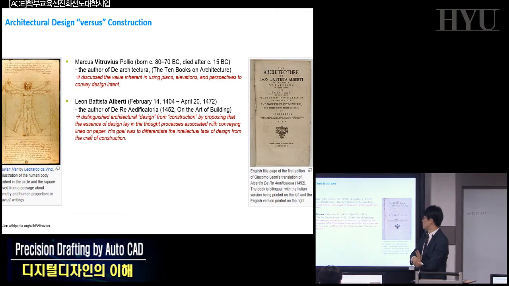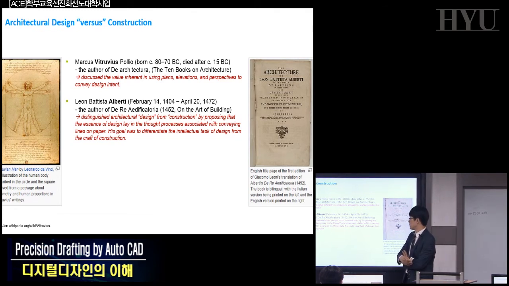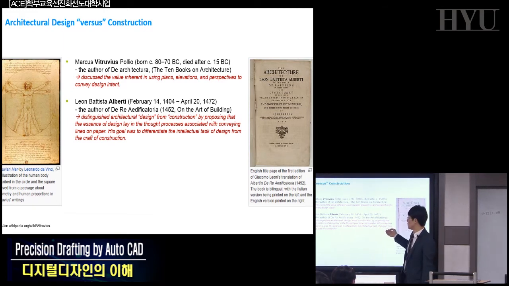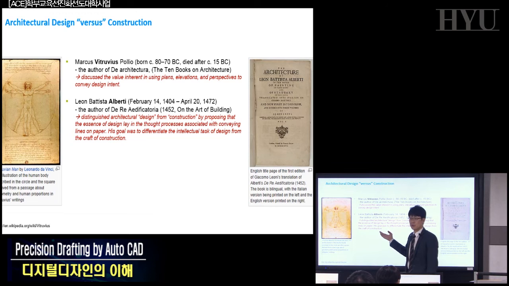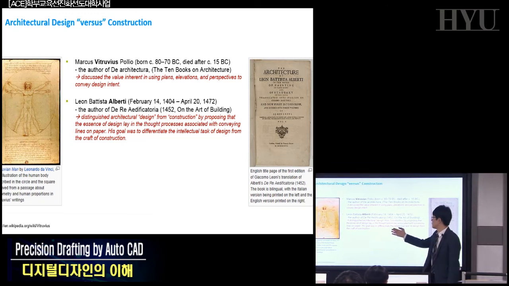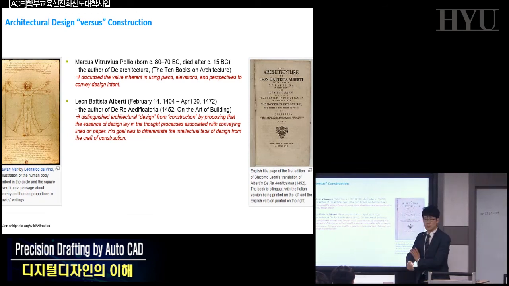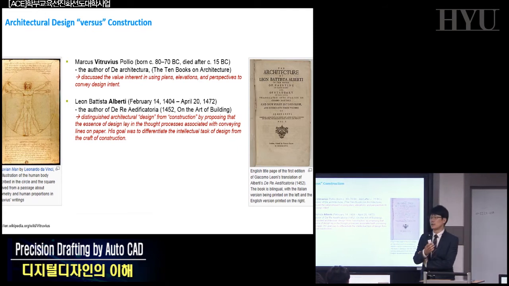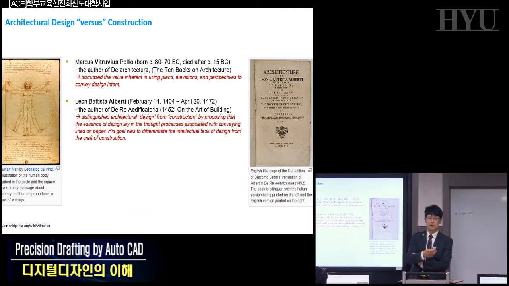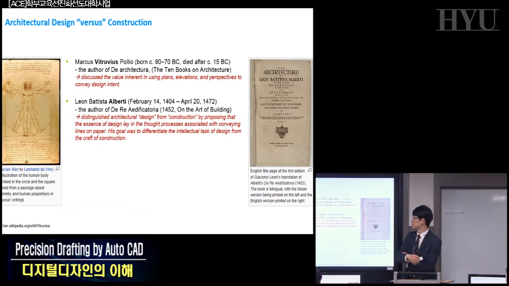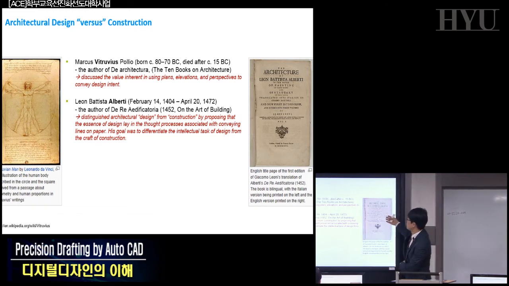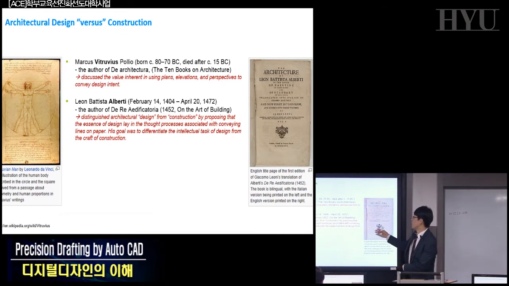His goal was to differentiate the intellectual task of design from the craft of construction. We are in this domain, the intellectual task of design, mostly represented by 2D-based drafting, okay, line-based drawing. This is the book by Leon Battista Alberti, translated in English, just for your information.